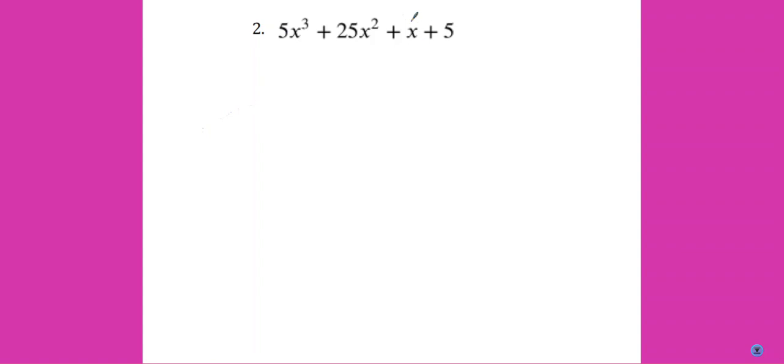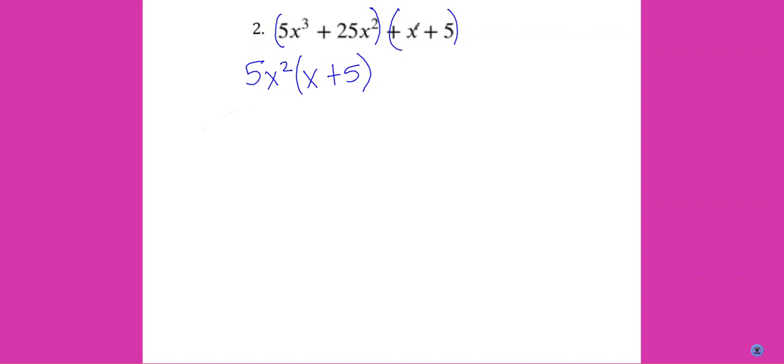So again, this x doesn't have a coefficient, and this 5 doesn't have an x, so there is no greatest common factor for all four terms. So group the first two, group the second two. The greatest common factor for the first pair would be 5x squared, leaving us with x plus 5.